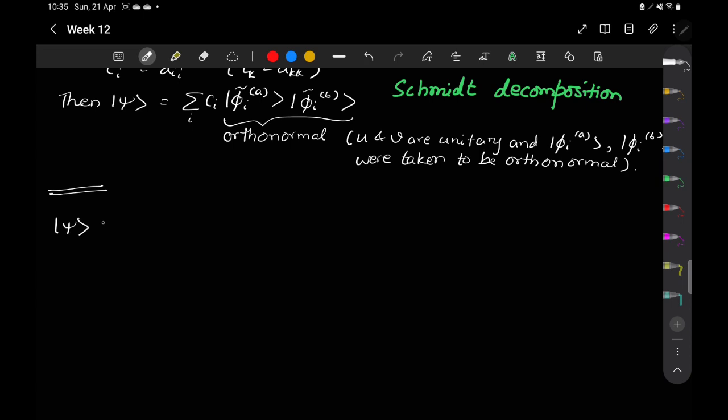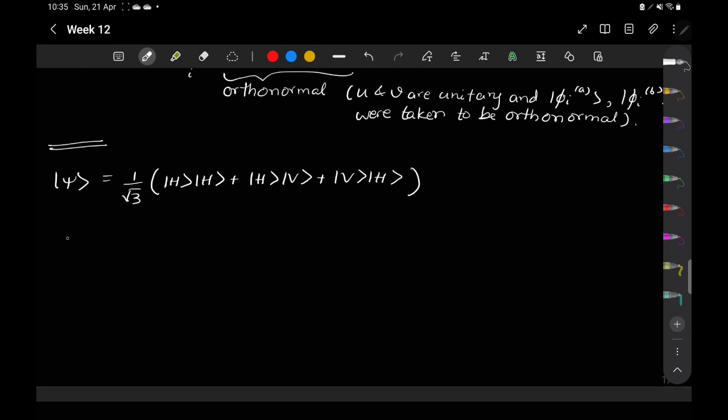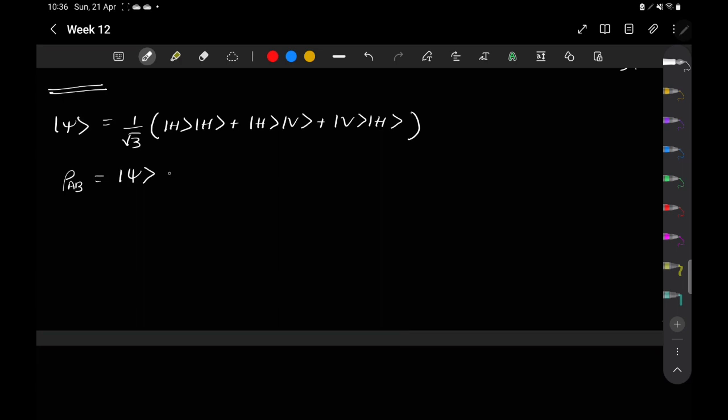So psi is given to us as the following. Now the density matrix for this will be written as this. Now let us put in and see.